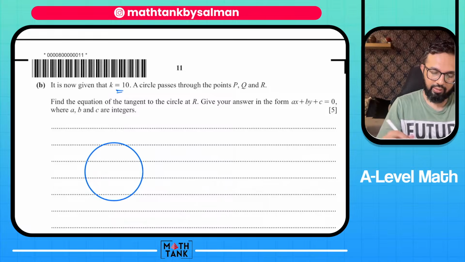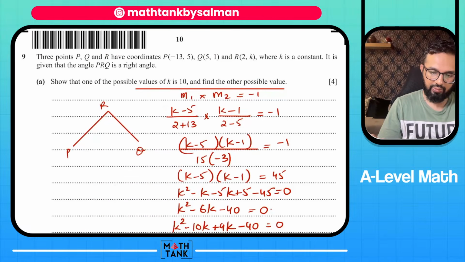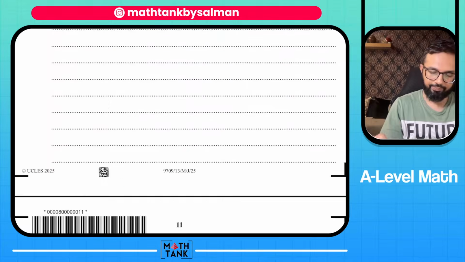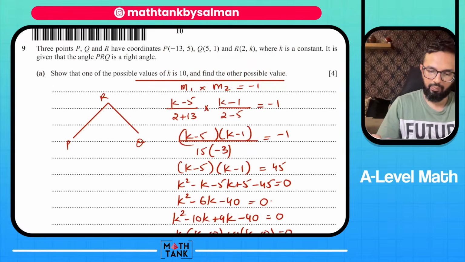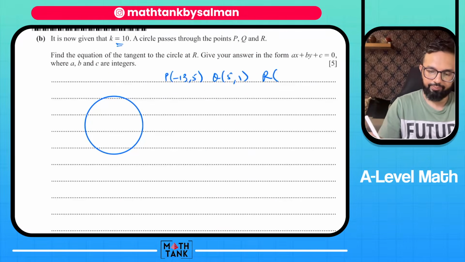So if a circle looks like this, minus 13, 5, 5, 1. 2 comma 10.